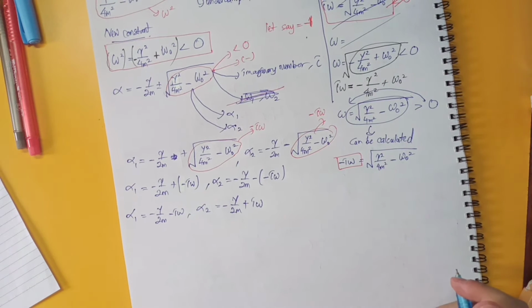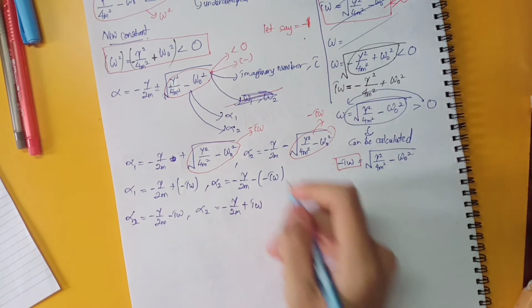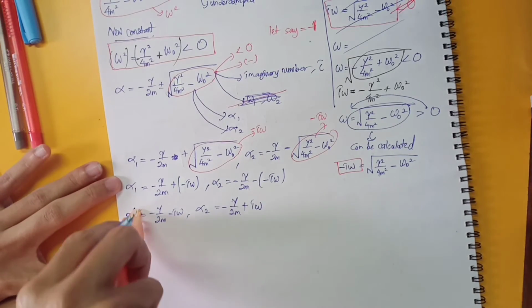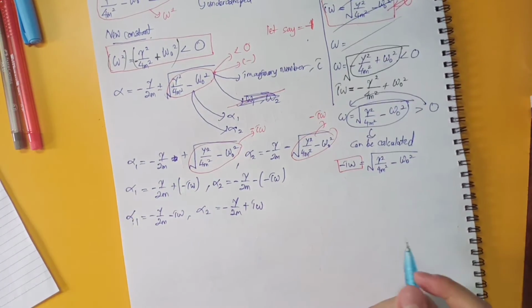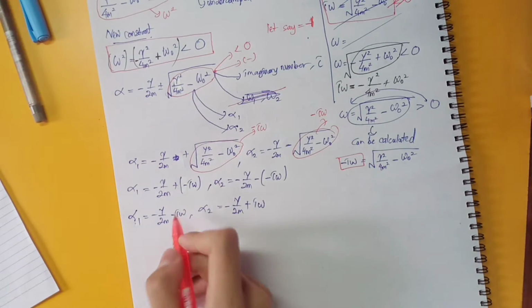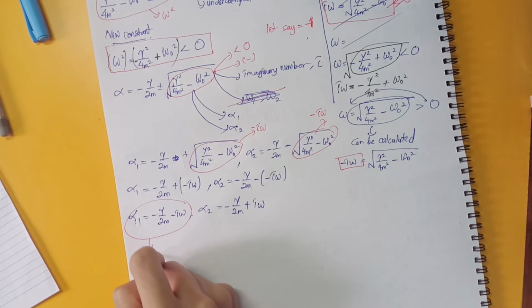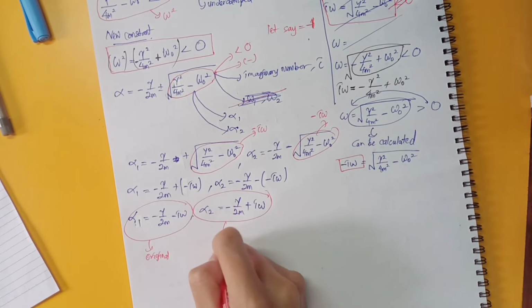As you can see, alpha 1, okay. This is the real component, right? This is what we call the original, and here is its conjugate. This is the conjugate. Why?